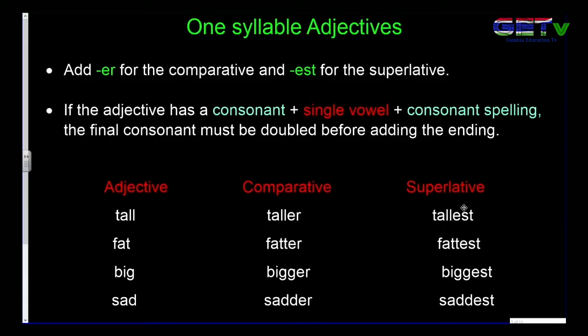Now looking at the examples that are given to us in the chart. The chart has 3 columns: adjective, comparative, and superlative. Now we start with the first adjective, tall.